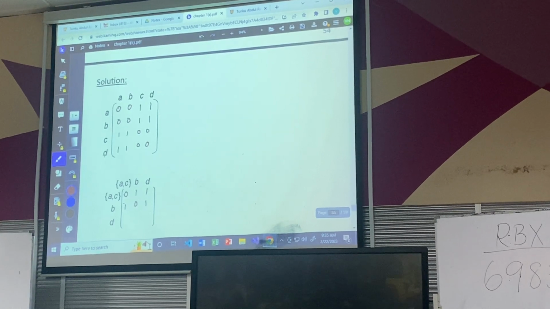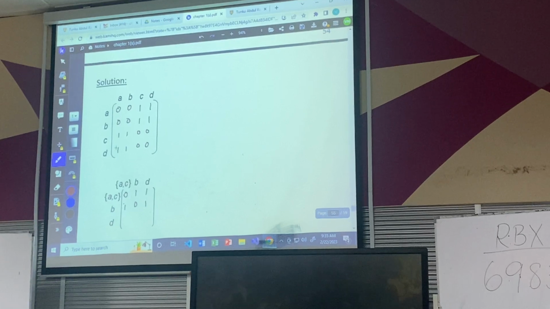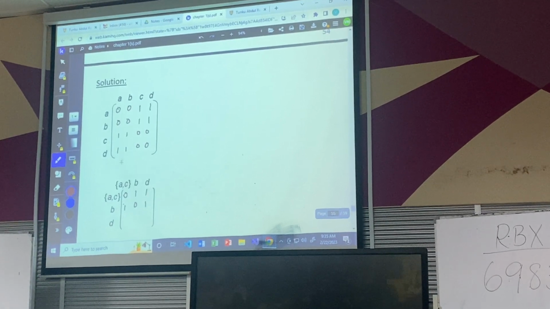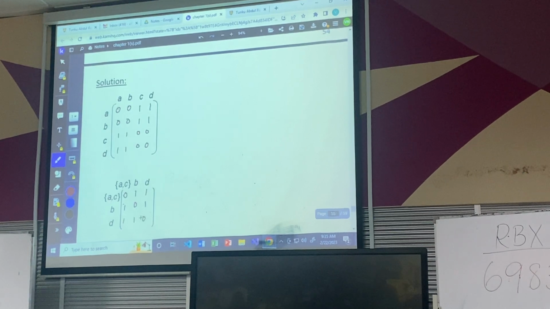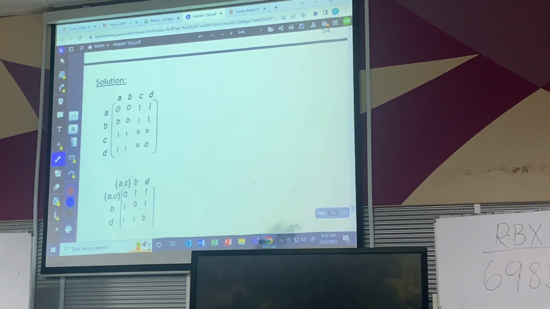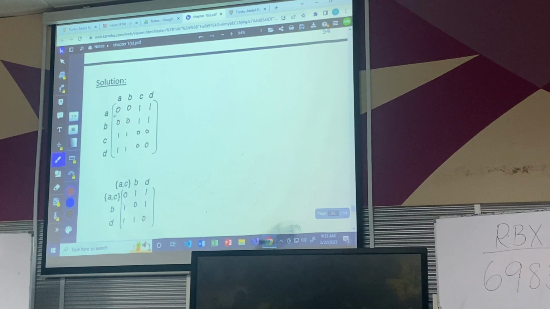Same for row D, you look at column A combined with C again. So 1 or 0 is 1. D to B is 1, D to D is 0. So now this is the reduced matrix after you combine vertices A and C.